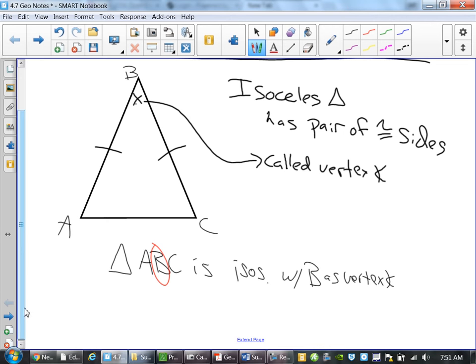So if you have B as that vertex angle, the other thing I want you to notice is that isosceles triangles have both sides that are the same, but these sides are pointed at what are called base angles. Now, don't freak out. Base angles aren't always on the bottom. They can be on the sides.